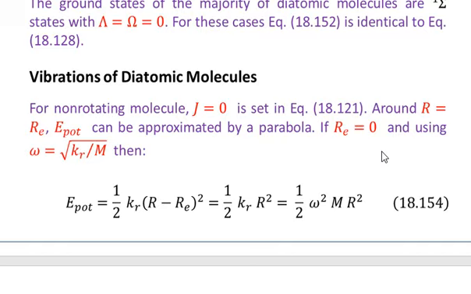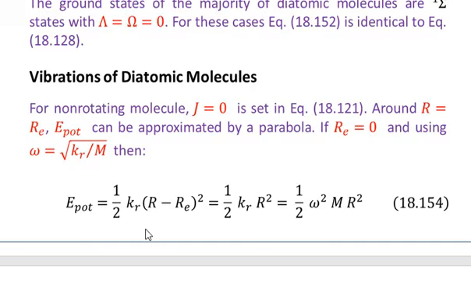If Re is equal to 0 and using omega equal to square root of Kr divided by capital M, then we can write the potential E is equal to half Kr into R minus Re square, which is equal to half Kr into R square, which is equal to half omega square M into R square.